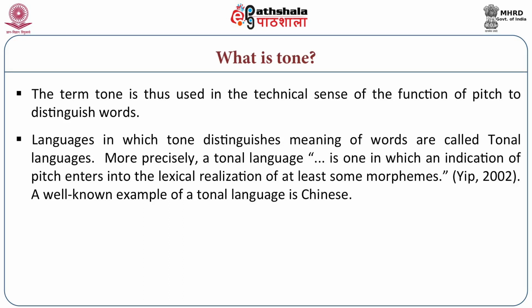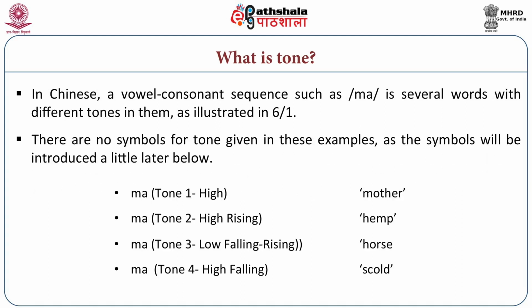Some examples of tonal languages are there on the screen. For example, in the Chinese language, especially the Mandarin variety, we have a lot many tones. As we see on the screen, the same vowel and consonant sequence gives us 4 different words because there are 4 different tones.